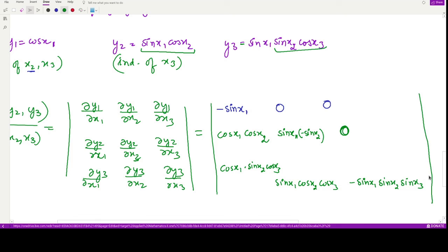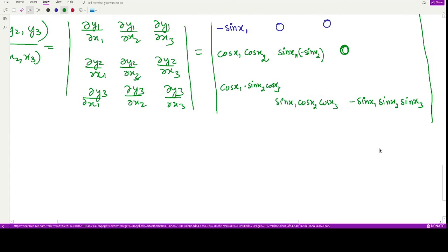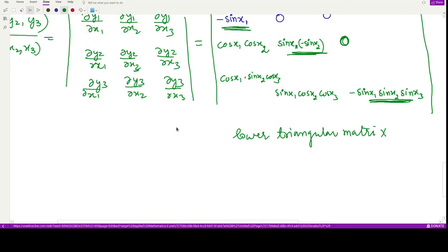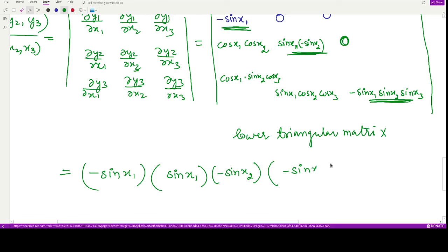So that is what we have, and because this forms a lower triangular matrix, the determinant of this would be equivalent to the product of the diagonal terms. So we can write this as minus sine x1 multiplied by sine x1 into minus sine x2, and then multiplied by minus sine x1 sine x2 sine x3.